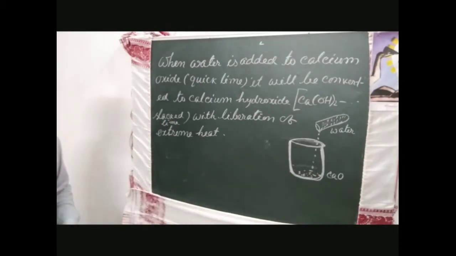That means extreme heat is generated, and that's why the beaker will be hot, and if you touch it, you will feel the rise of temperature. This type of reaction is called an exothermic reaction. That means heat is produced in this type of reaction.